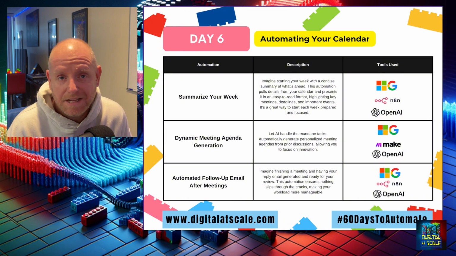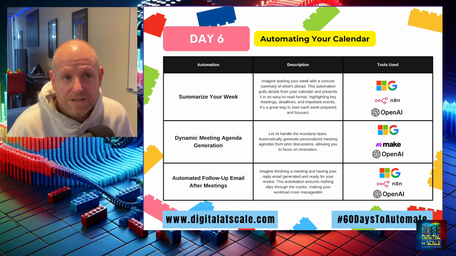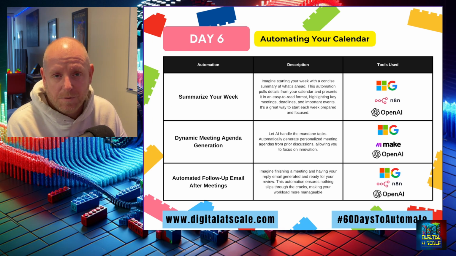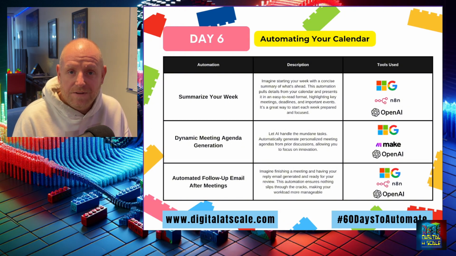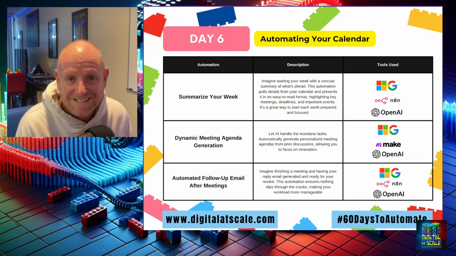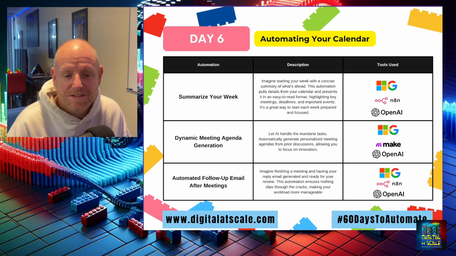One of the ways that I like to do it, or use my Sidekick for calendar, especially when I'm working with multiple organizations, is to send off an email and say, hey, give me your availability, and then the Sidekick deciphers them.